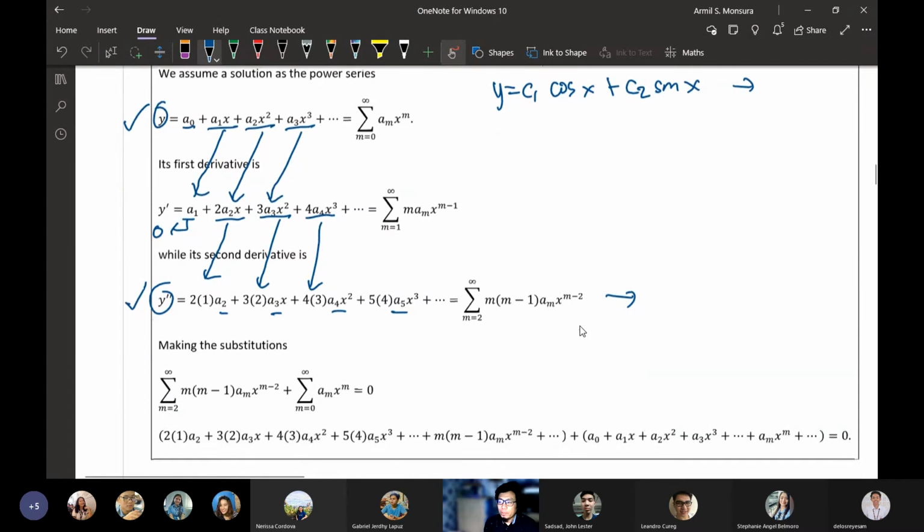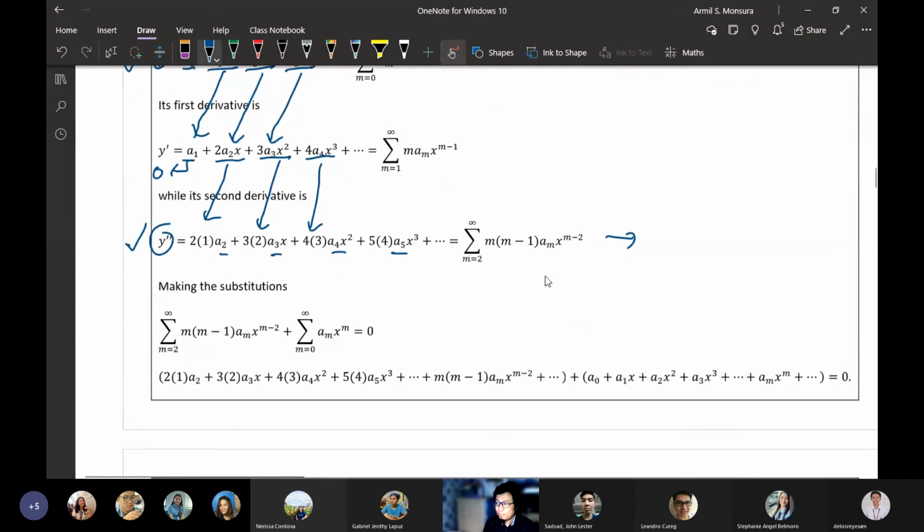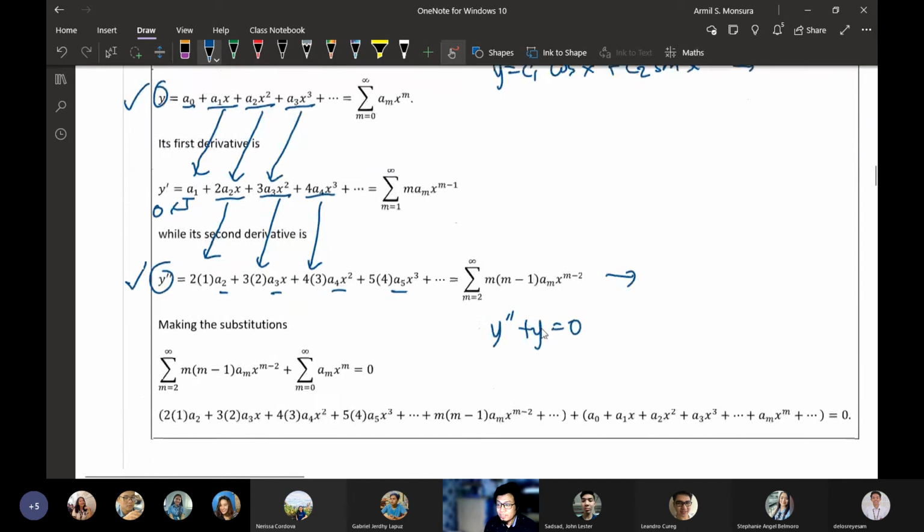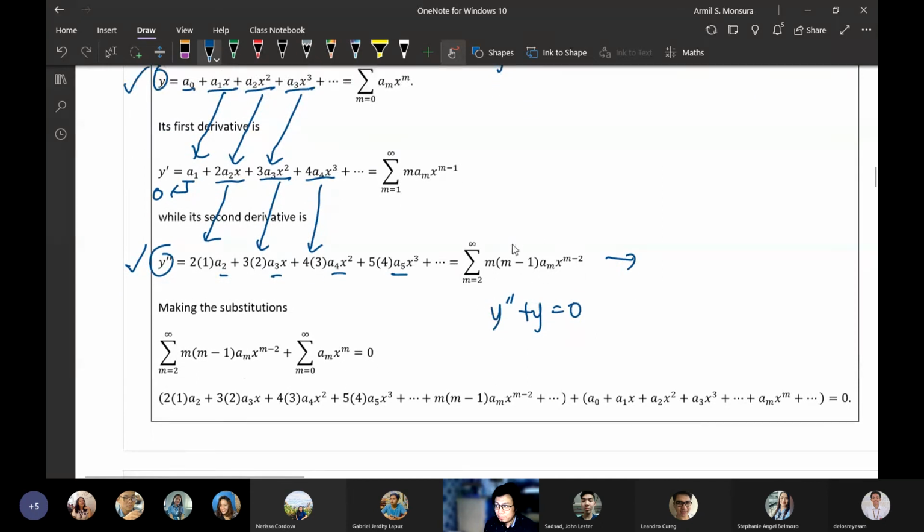Okay. Now, let's make the substitution. Kasi nga, we have to substitute it dun sa original equation nyo, which is y double prime plus y equals 0. So you have to substitute itong second derivative at saka yung y dito. So yung second derivative nyo is basically represented by this series. Okay.